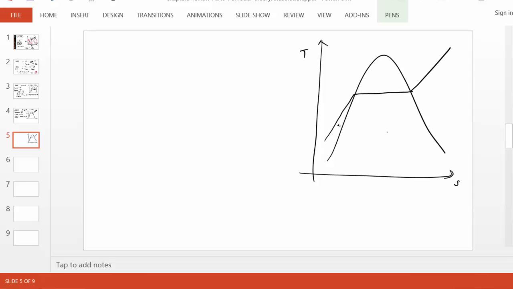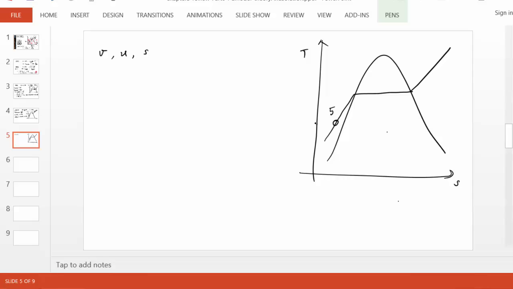So let's say we have a state here for which we want to find properties, this is our state 5. The model says that V, U, and S at state 5 are all functions of temperature alone.